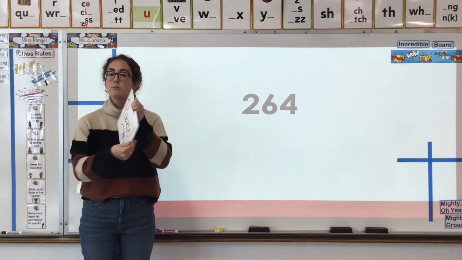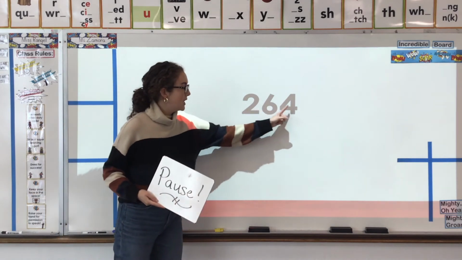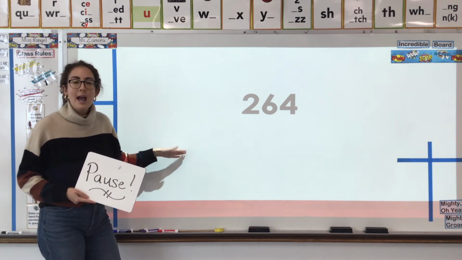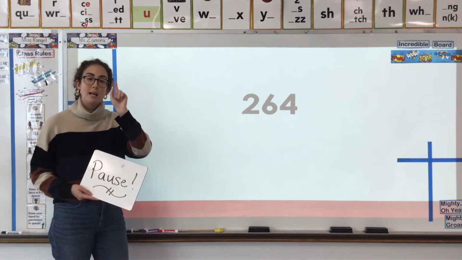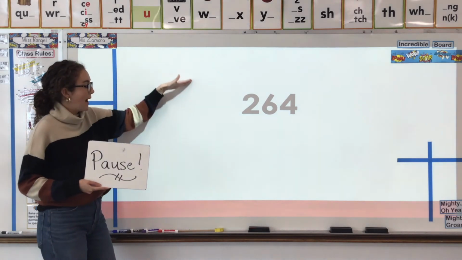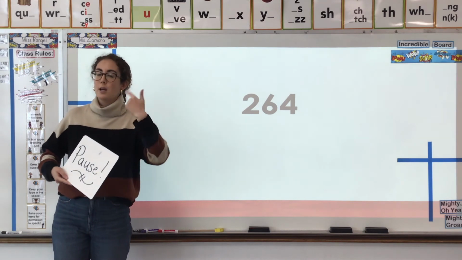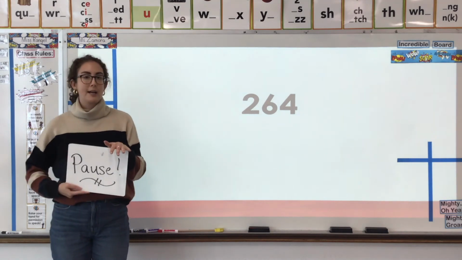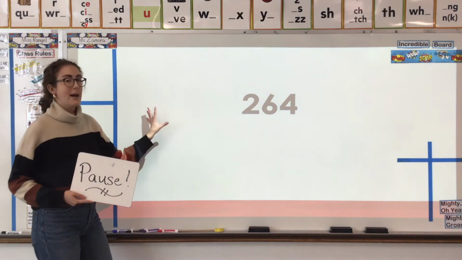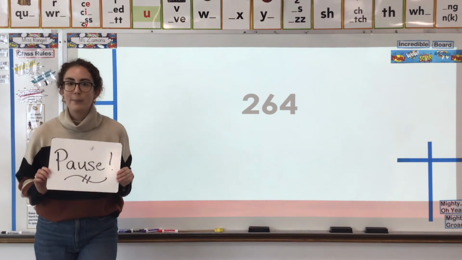I want you to pause the video and see if you can look at each digit, figure out its place and then write out how many hundreds, tens, and ones are in this number. So you're going to write it out for yourself. Don't worry about spelling. And when you're done, come back to the video to check. So you're taking this number in standard form, and you're going to write it in unit form, just like we've been practicing. Okay, here we go.